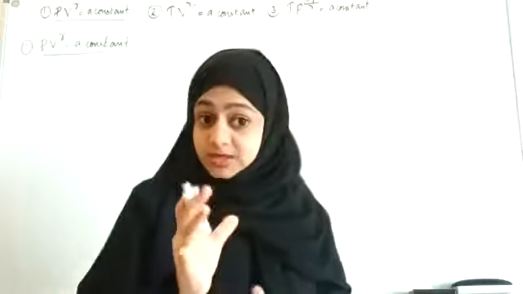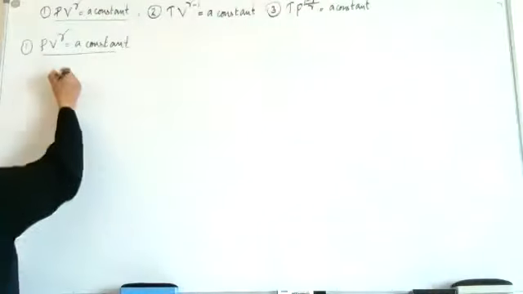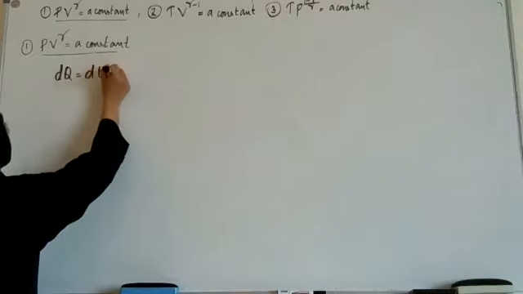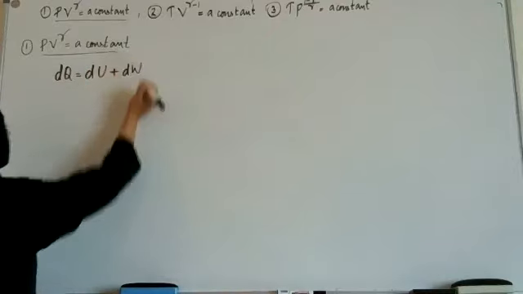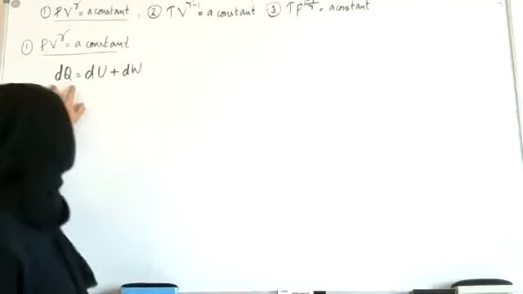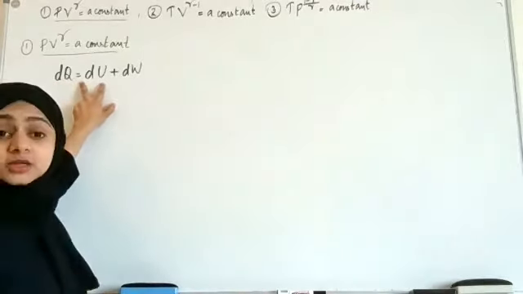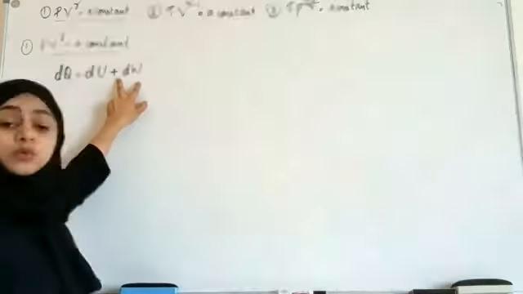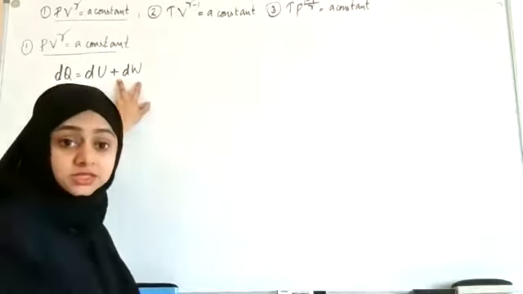You know that for the first law of thermodynamics, dq is equal to du plus dw, where dq is the amount of heat given to the system and du is the change in internal energy of the system and dw is the work done by the system.